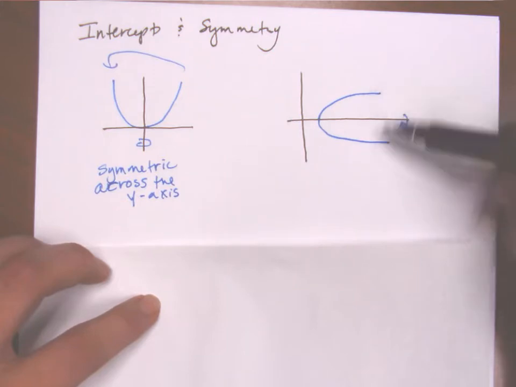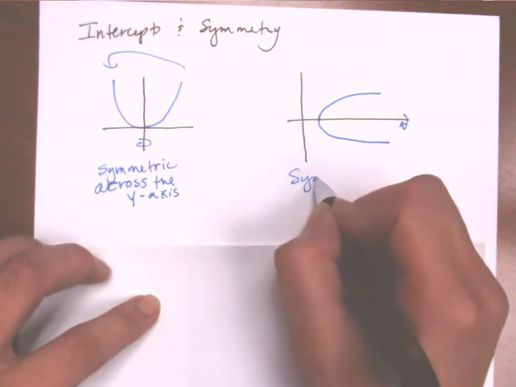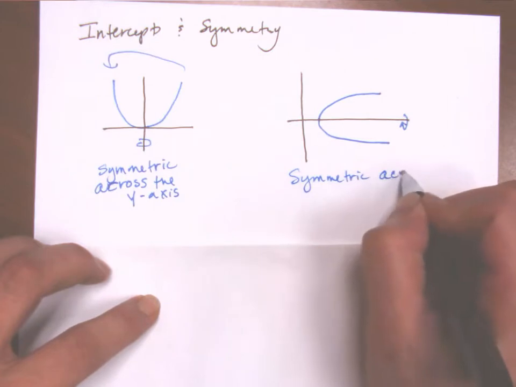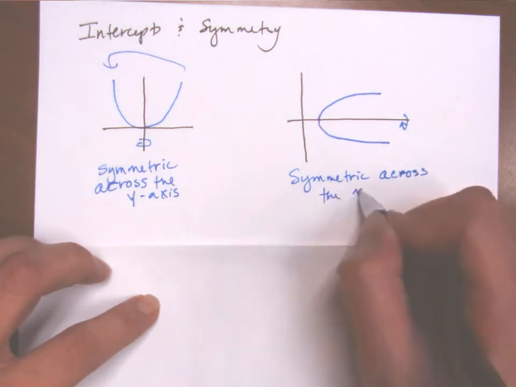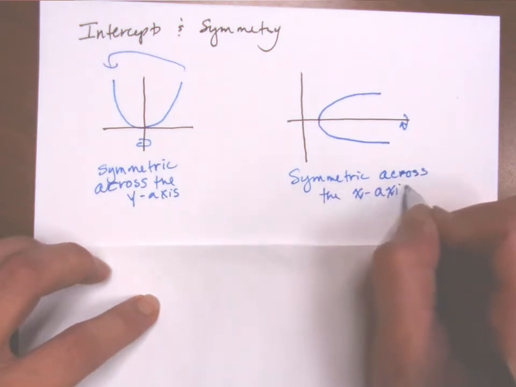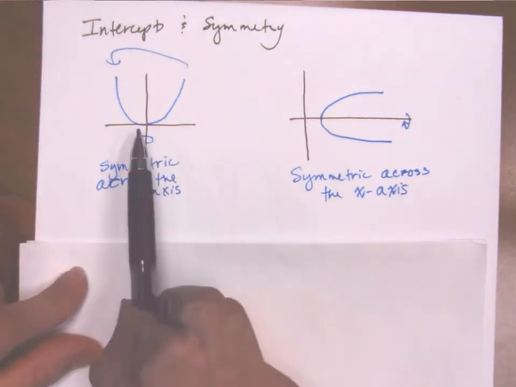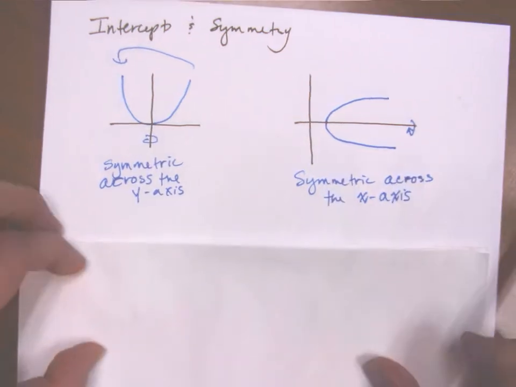Okay, so when you can revolve it around the x-axis, we call this symmetric across the x-axis. Okay, so there's two types of symmetry right there. Symmetric across the y and symmetric across the x.